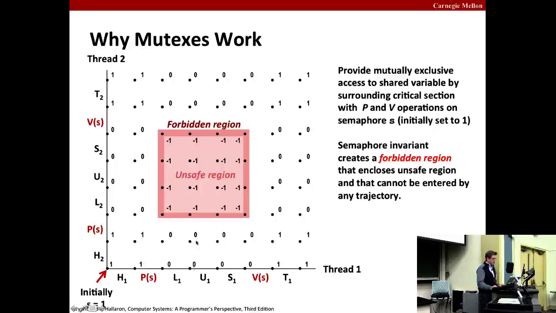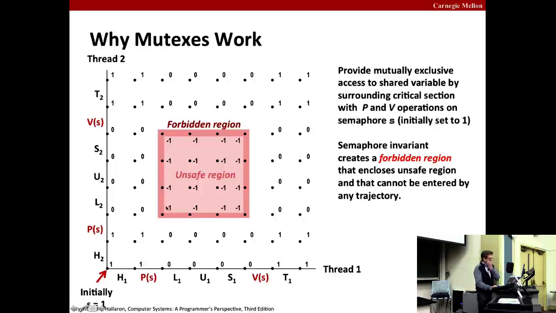At this point the semaphore is 0, and then P decrements the semaphore, so now it's -1. But that's impossible, because P blocks. Remember, if the semaphore is 0, P blocks. It doesn't decrement it. So the semantics of the P operation prohibits this transition from a state where the semaphore is 0 to a state where it would be -1.